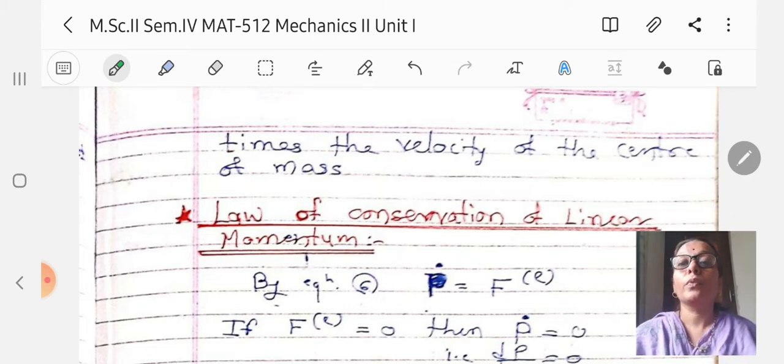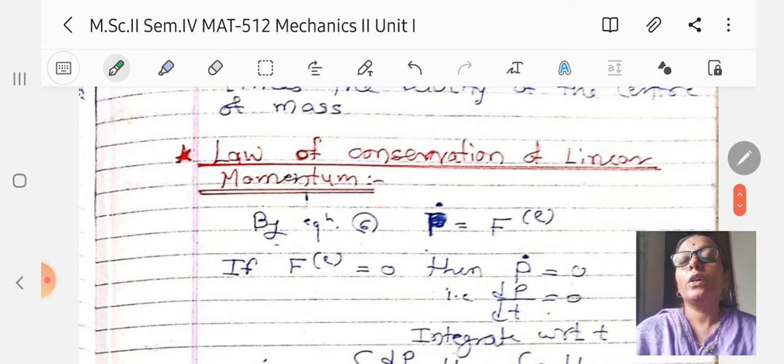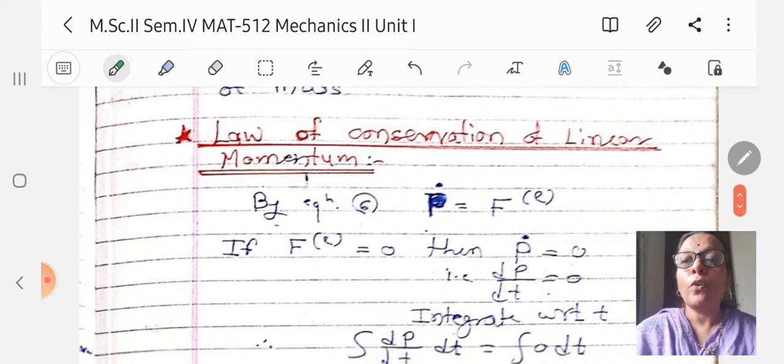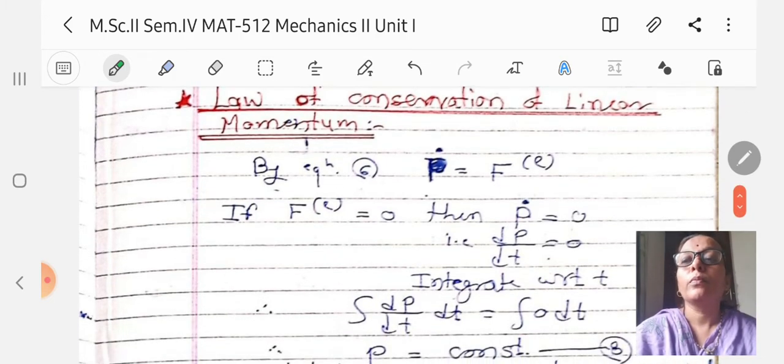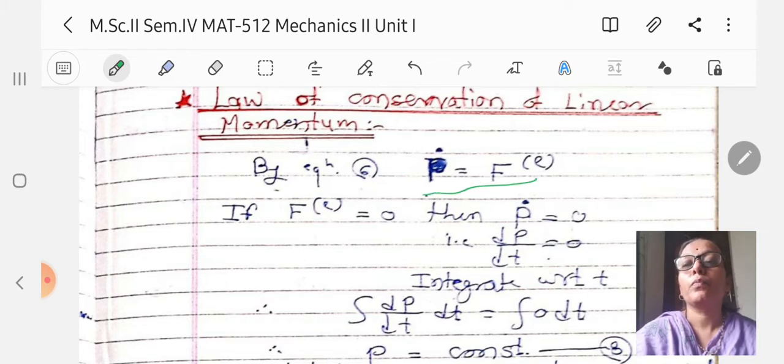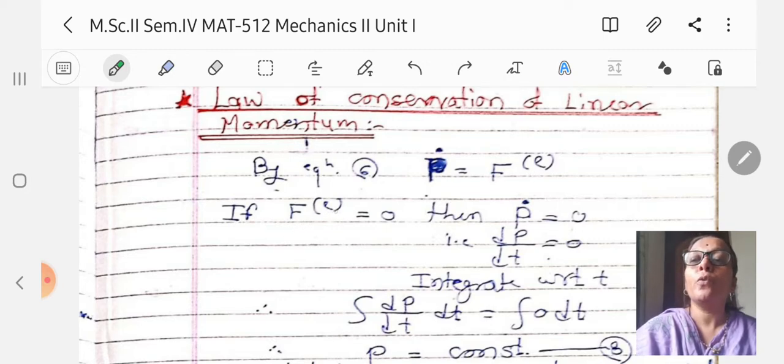Now here we can write, using the law of conservation of linear momentum, by equation 6, that is by Newton's second law, P dot equal to the total external force Fe. If this total external force Fe is equal to 0, then P dot equal to 0, that is dp by dt equal to 0.